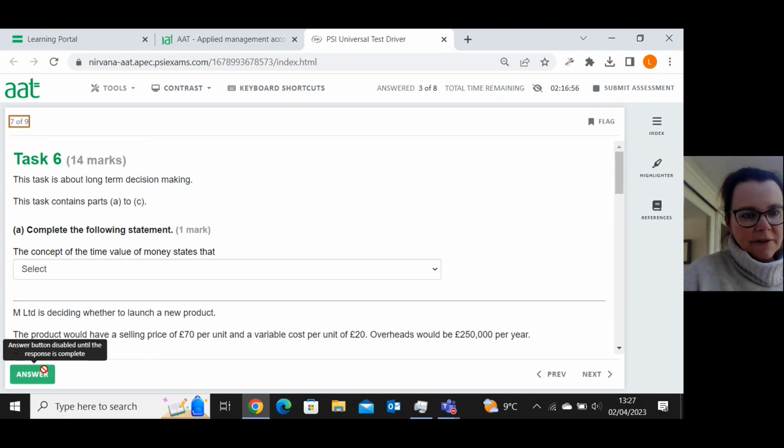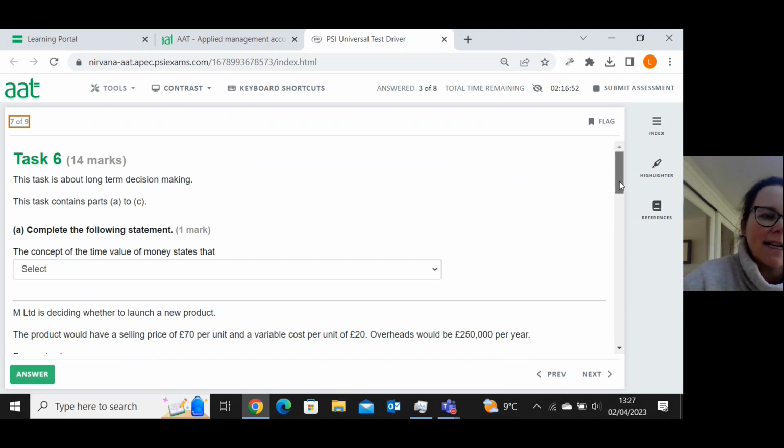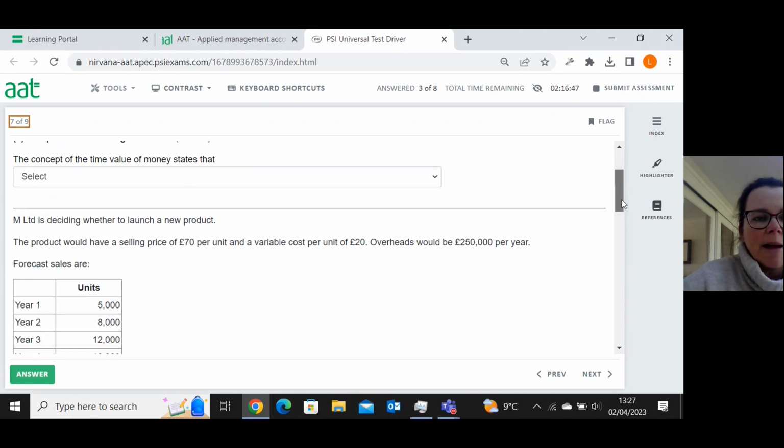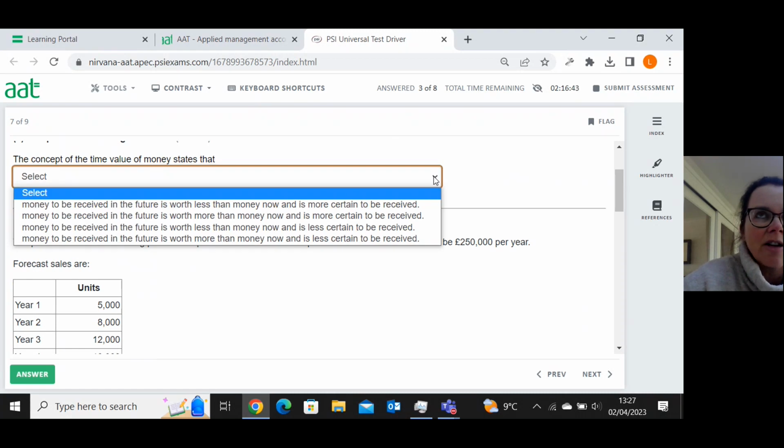Task 6, 14 marks. Again, computer marks, so you won't have to write about any of these topics. The concept of the time value of money states that... the time value of money is linked to inflation, recognizing that the same amount of money in the future is worth less because it doesn't have the same buying power.